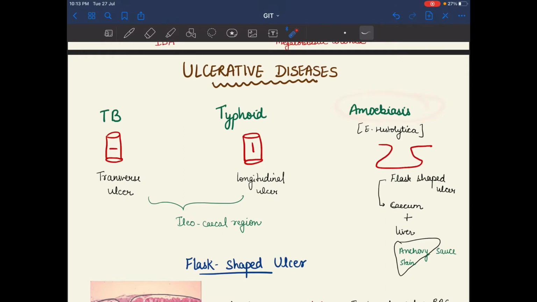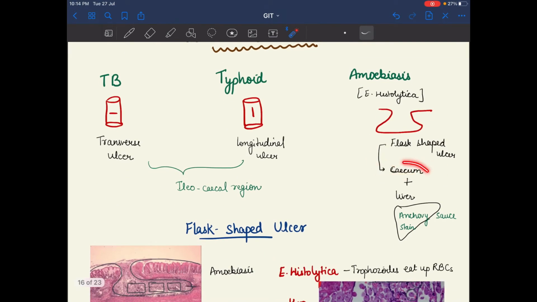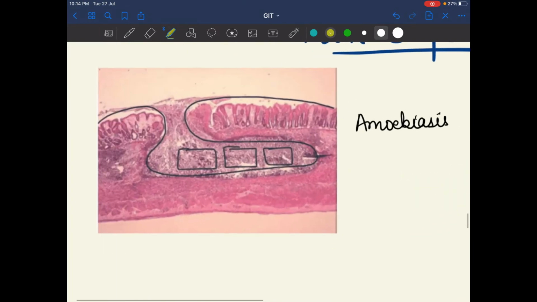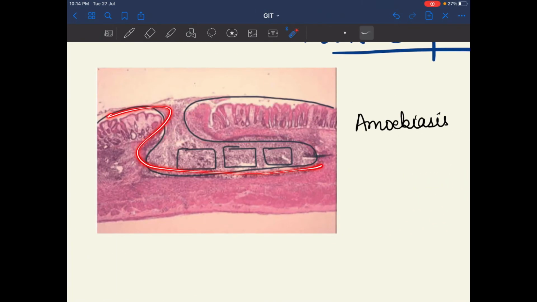While in amoebiasis, which is caused by Entamoeba histolytica, a flask-shaped ulcer is seen, mainly in the cecum, plus the liver, and we can stain the liver by anchovy sauce stain. Please remember this. Amoebiasis shows the flask-shaped ulcer, as we see here.